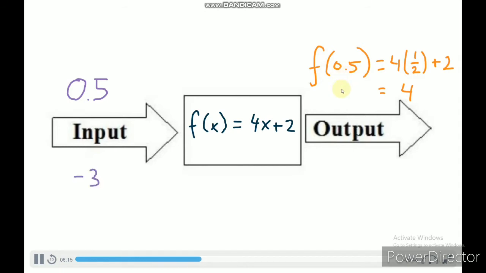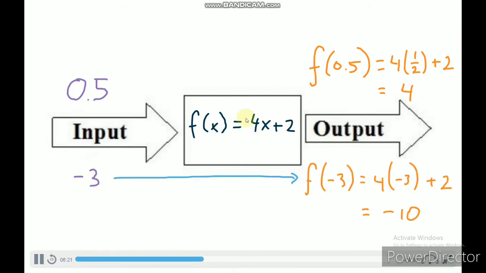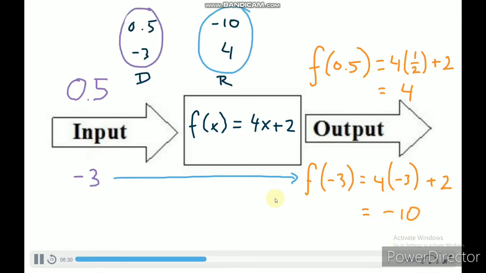Okay, if I put in another input, -3, and it is processed by the function, the result is f(-3), or y, which is -10. If those are the only materials that I process, only 0.5 and -3, and no other values of x, then the outcome will only be those two outputs.